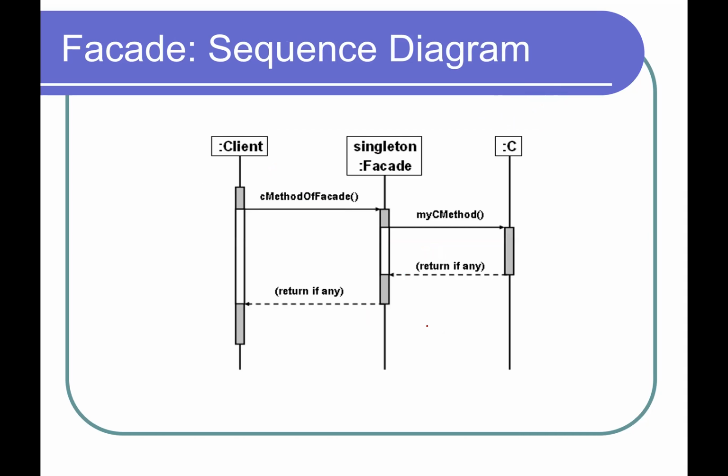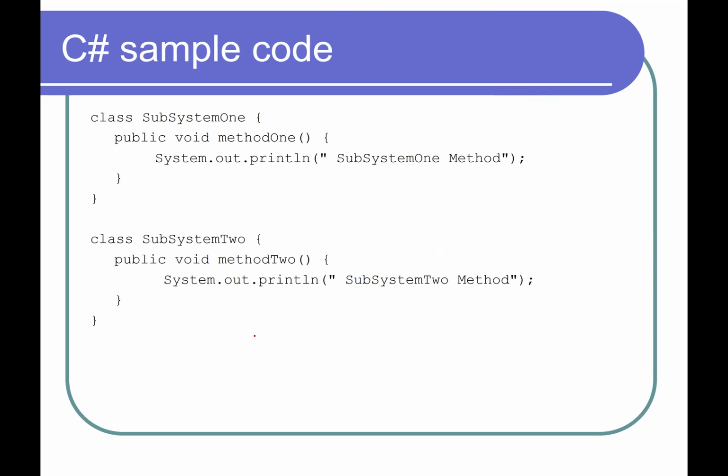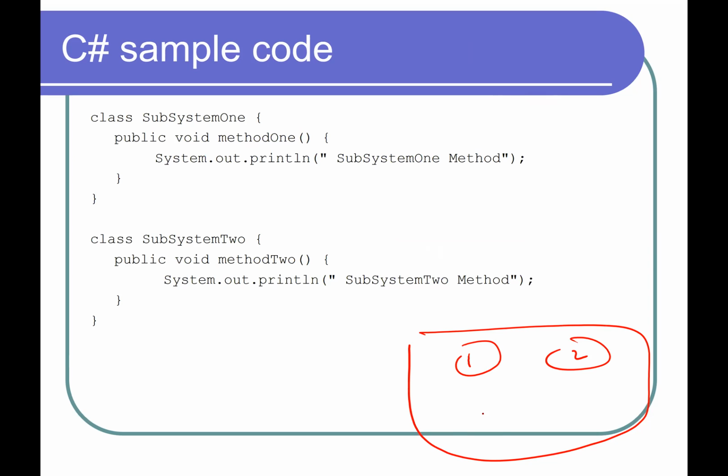All right, so the sequence is very easy. The client wants something from class C. It stops at the facade first, and then the facade does the work and returns any result, if any, to the client. Now let's take a look at the code level. At the code level, we have subsystem 1, subsystem 2, subsystem 3, and 4.